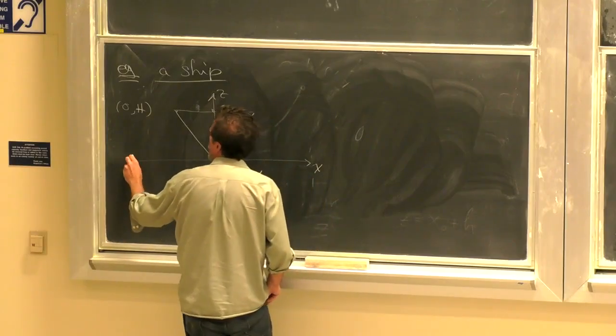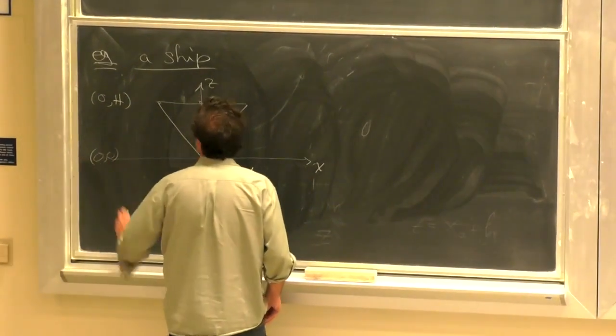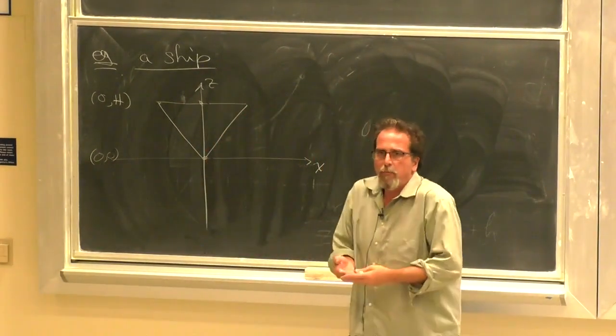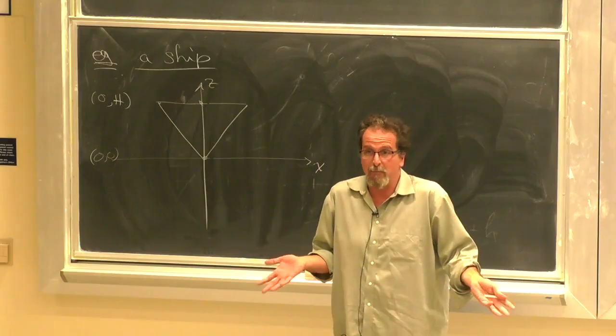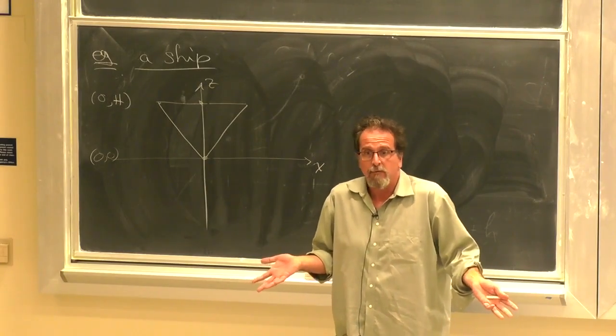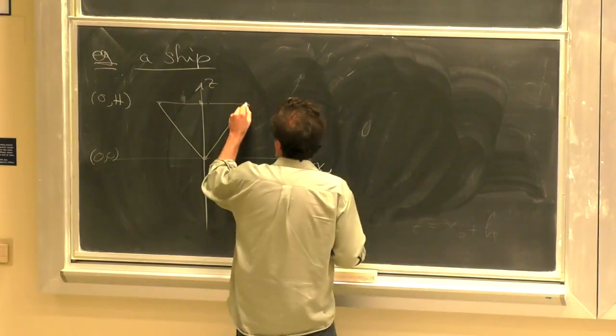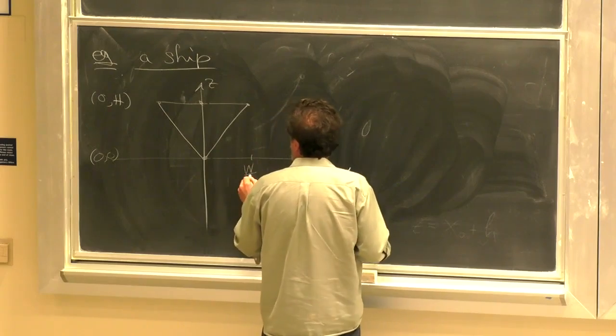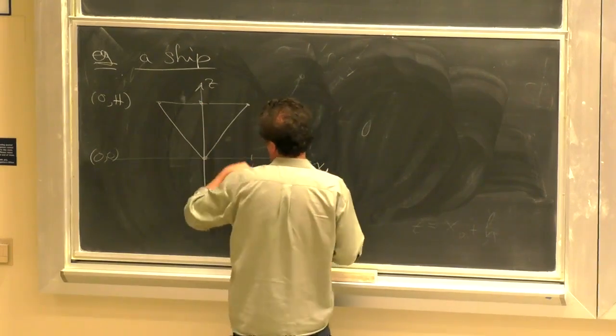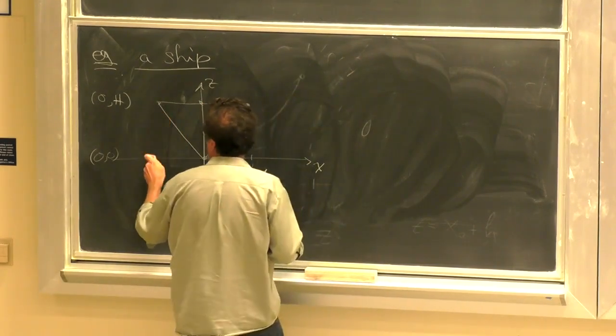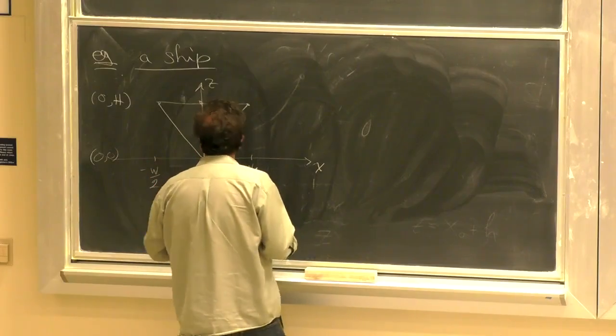This is going to be the origin, 0, 0. And we'll make the width of the top be equal to w. So this is the point w over 2 on the x-axis, and this is going to be negative w over 2.